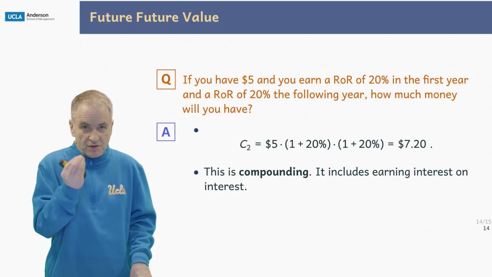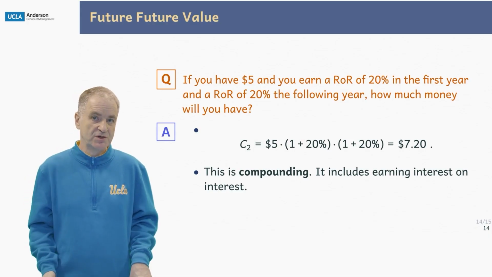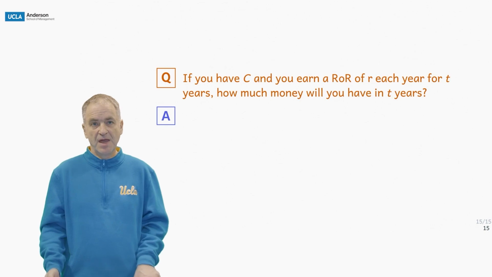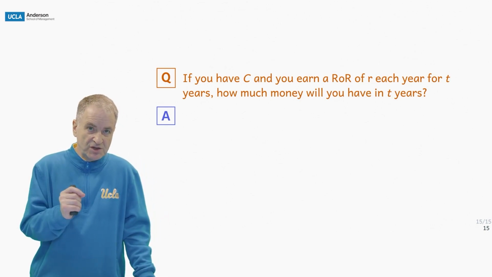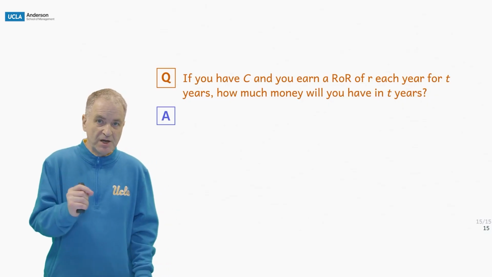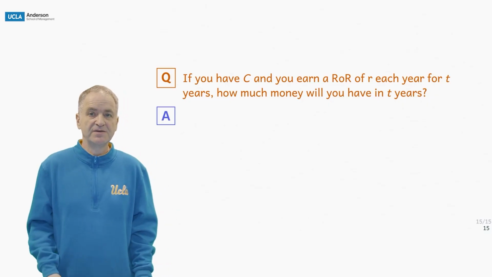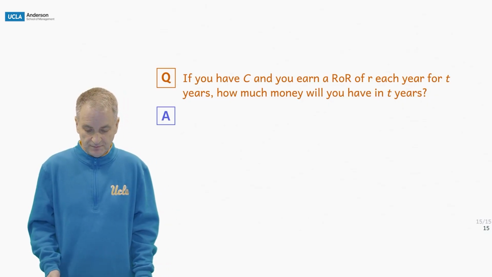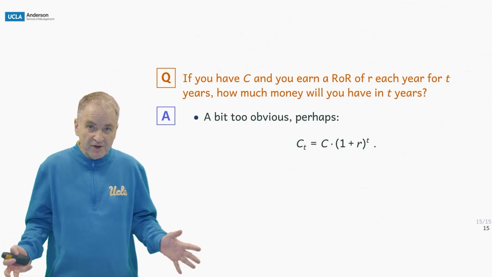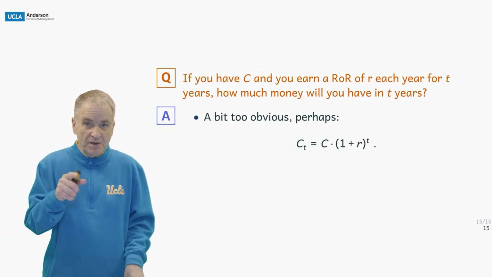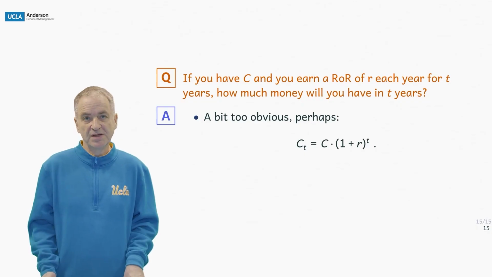It includes earning interest on the interest. If you have C dollars and you earn a rate of return R each year for T years, how much money will you have in T years? A little bit too obvious perhaps. C times (1 plus R) to the power of T.